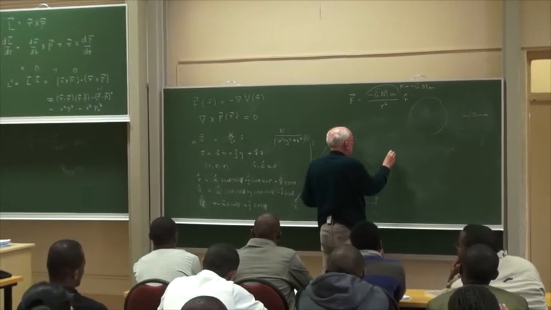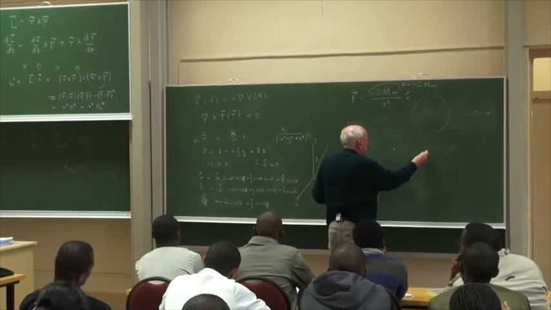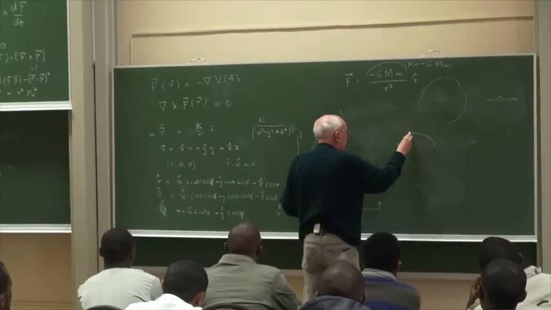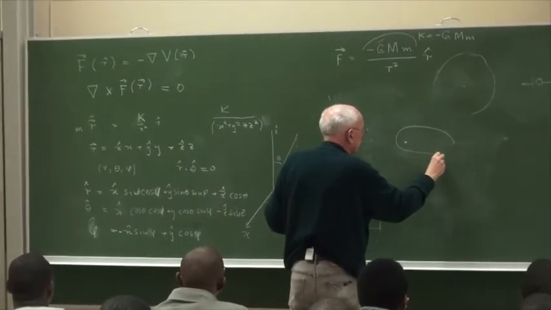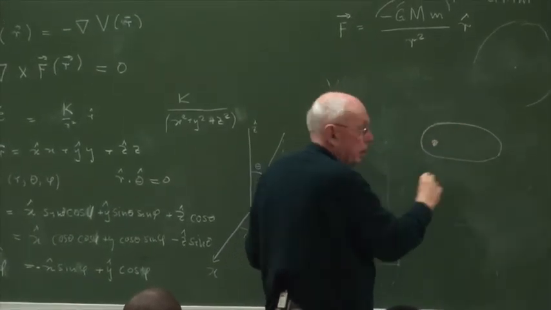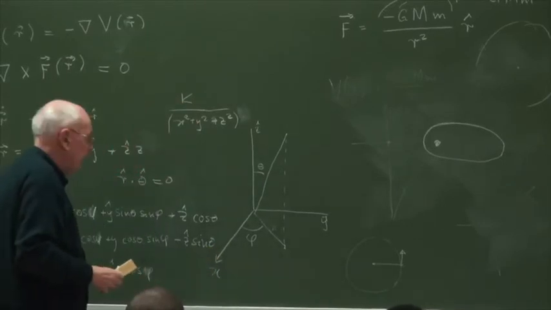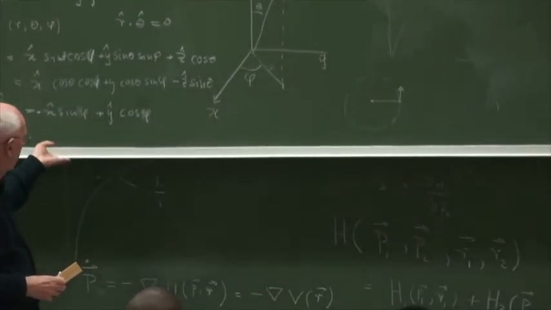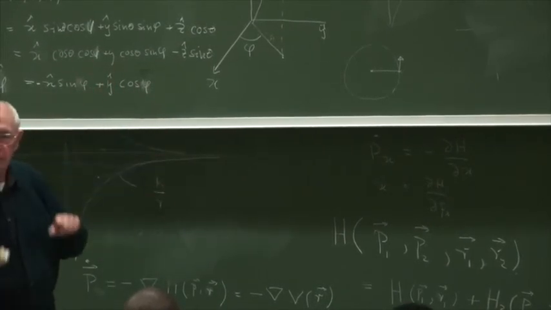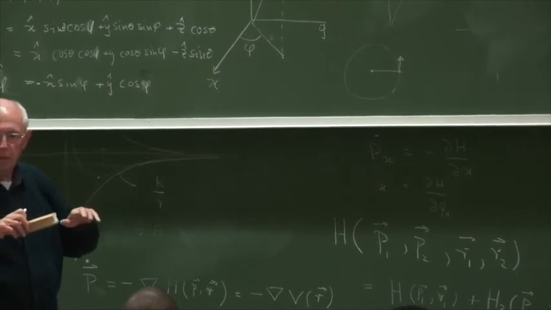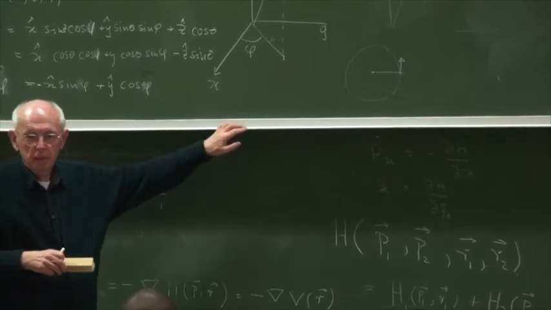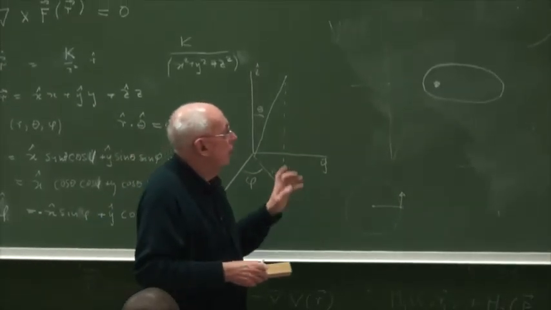If you have the sun here, and you have a planet moving like this on an ellipse. That's the sun. So what this planet is actually doing, it's making this movement and this movement, and those superposed onto each other make this ellipse. But it can make many ellipses.